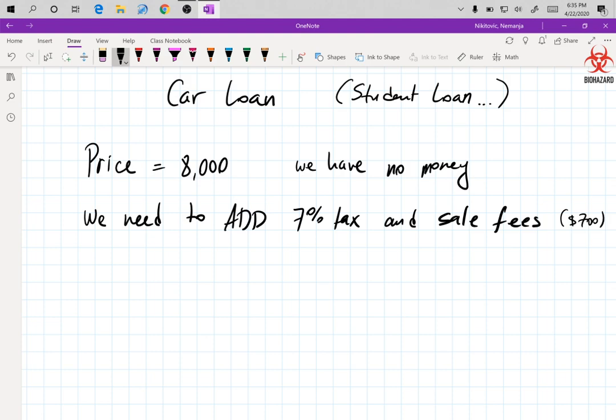So how much do I need to borrow, right? So we have $8,000 times 1.07, this is add tax. So you keep the original price of 8,000 with a 1, and 0.07 is adding 7%, right?